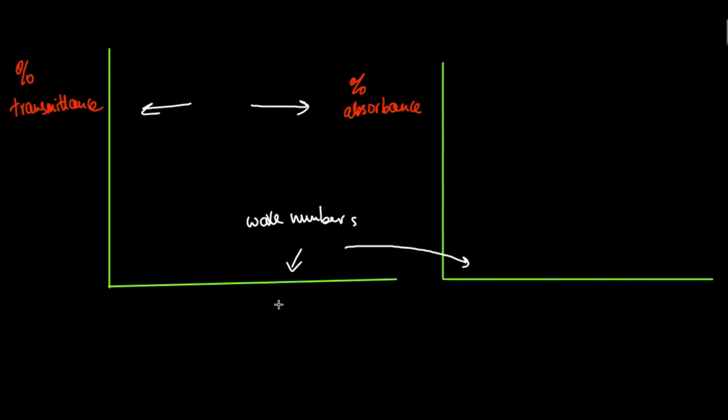Now the labeling of the wave numbers on the x-axis is always in a descending order. We studied that, right? So it starts from 4000 and it goes on till 500, and that is the same case in the right hand side graph also. But the y-axis labeling depends on what the y-axis represents.